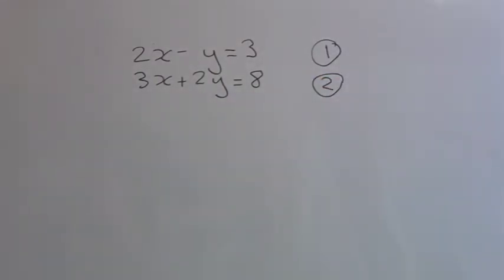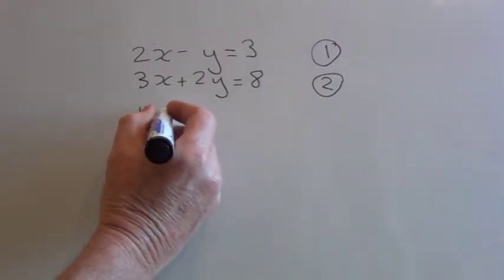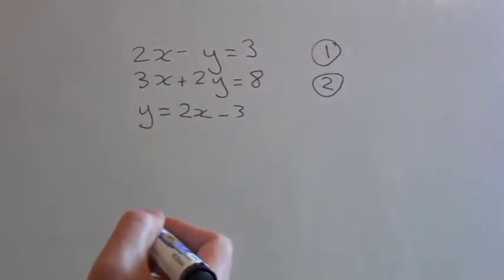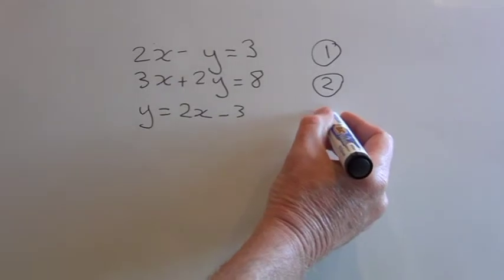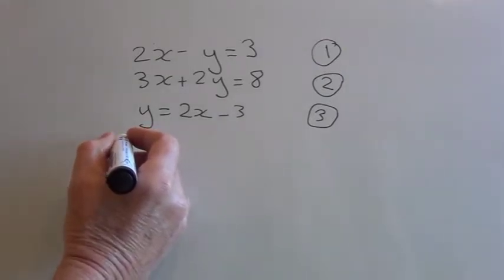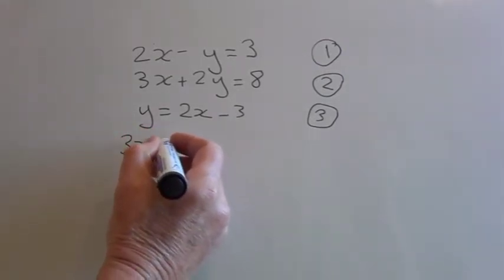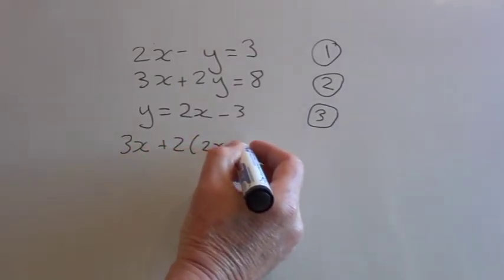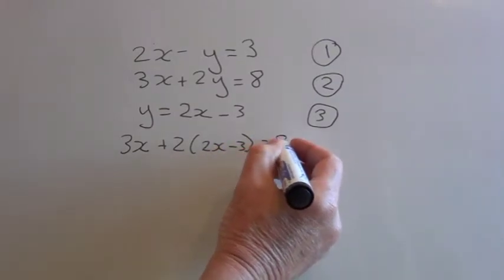Now by rearranging equation 1, we find that y equals 2x minus 3, and we'll label that as equation 3. Now we can substitute this expression for y into equation 2, and this will give 3x plus 2 times 2x minus 3 equals 8.